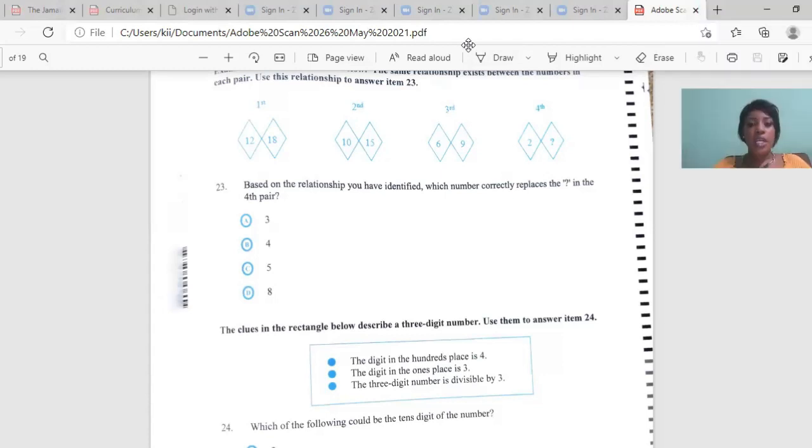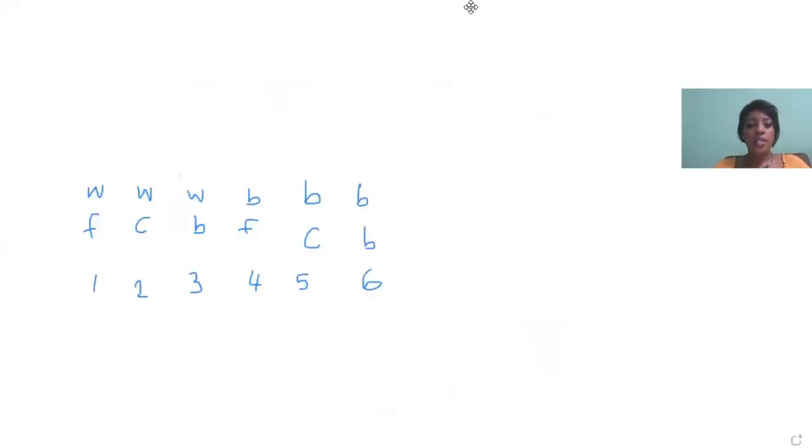So the first pair, I'm gonna clear my whiteboard here. The first pair was 12 and 18. I'm gonna call it pair 1.